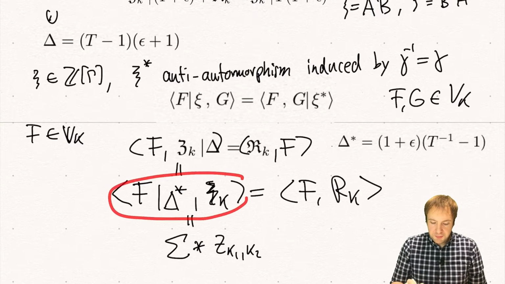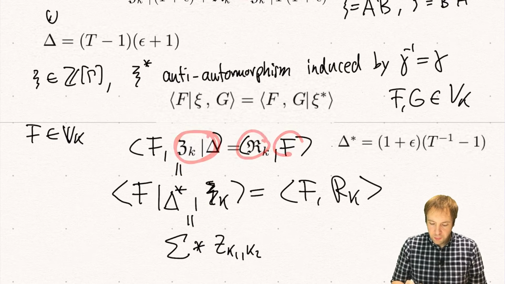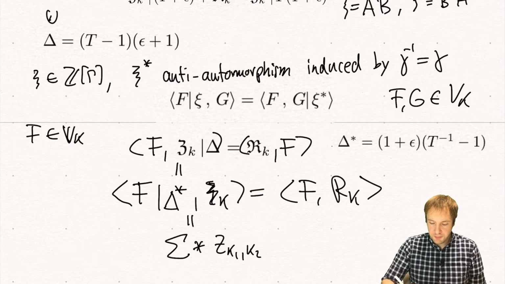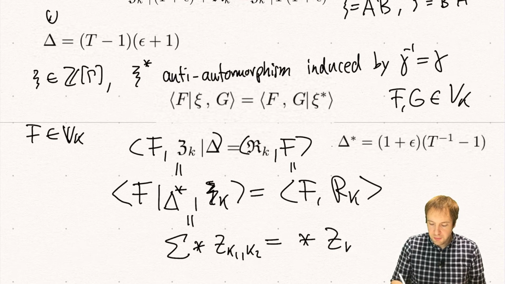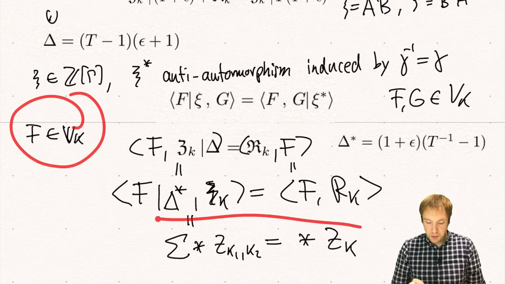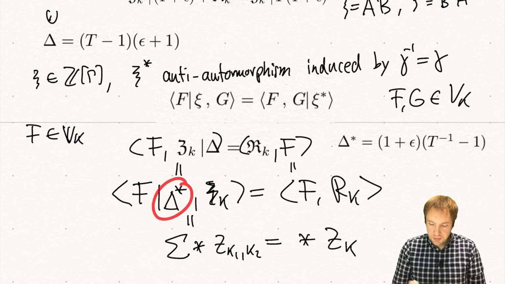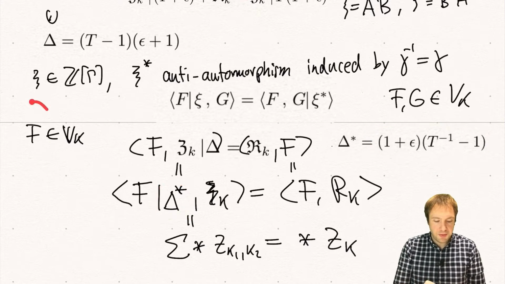And then because this equals this, and we know that this equals this r_k, we also get this equality here. So we get really a relation that this is some multiple of z_k. So starting with any f, we get a relation among these elements by just applying this fancy element here to this f.